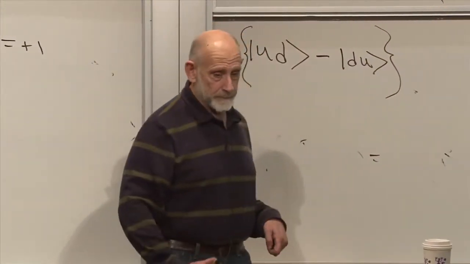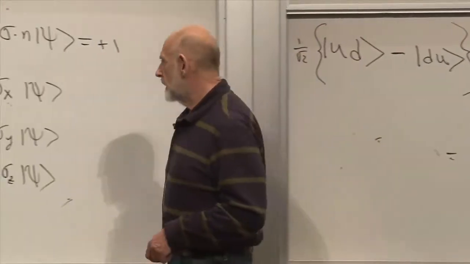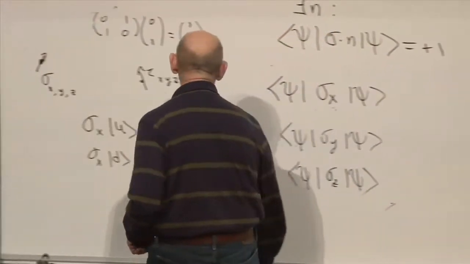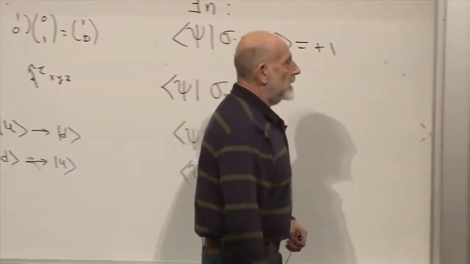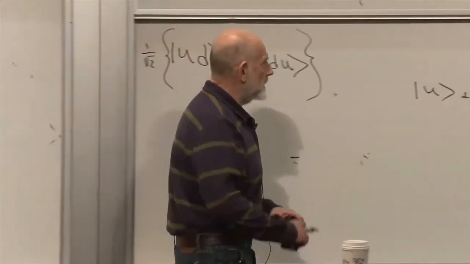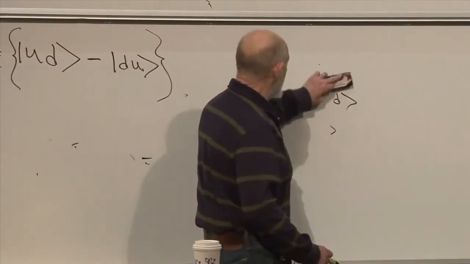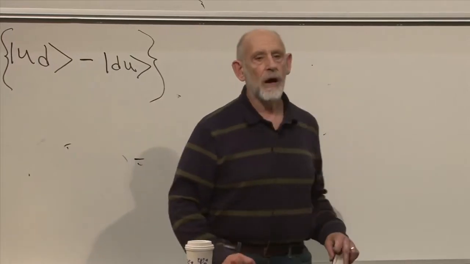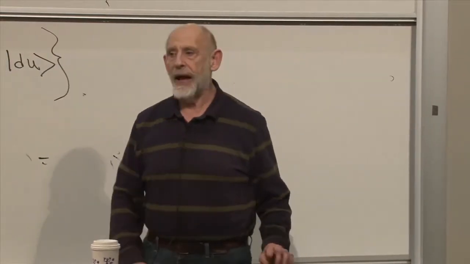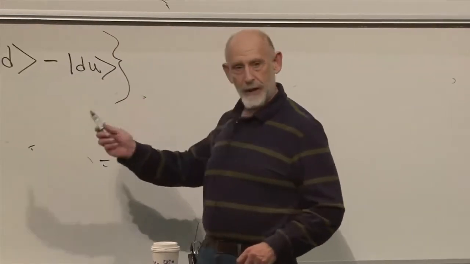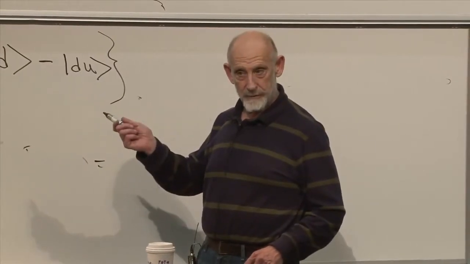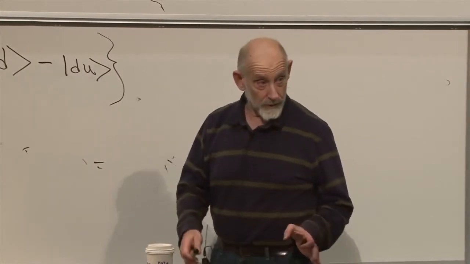What about this state? Let's take sigma and ask whether any of the components of sigma have a non-zero expectation value in this state. I'll tell you the answer right now.